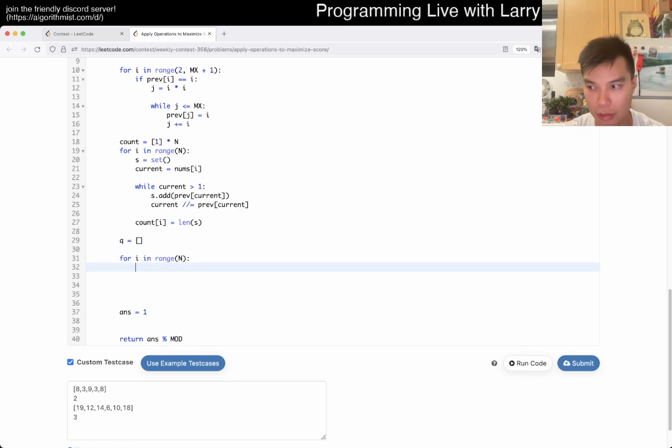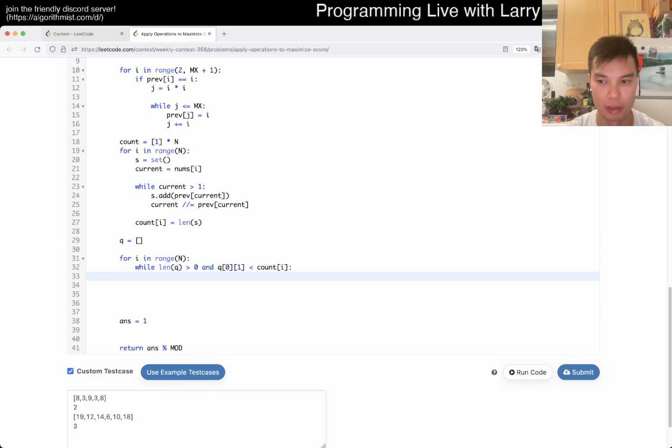So while is less than, no, counts of I, because if they're equal we stop, so then here we stop, right?